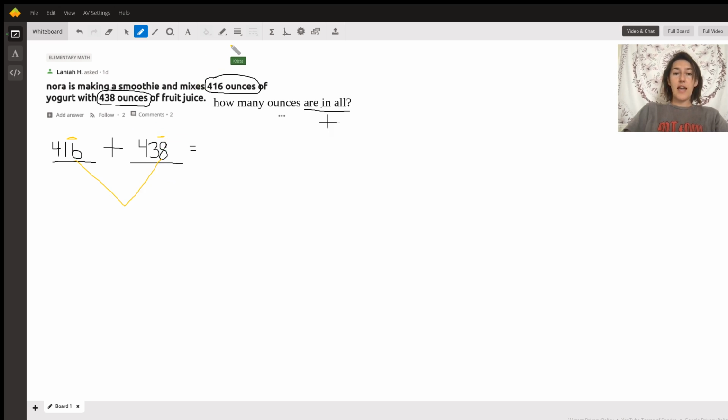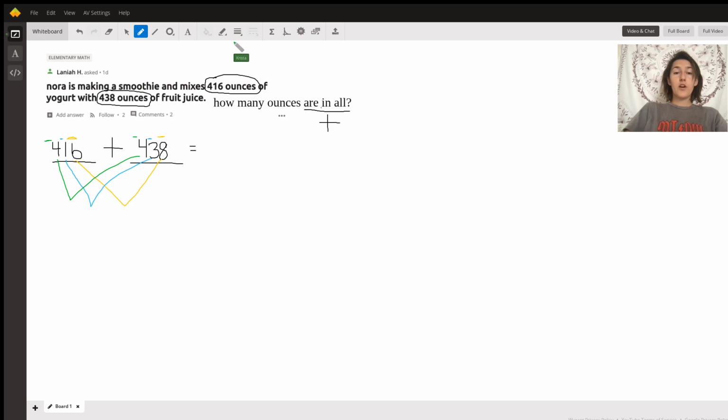You have to add the tens together. This is the tens place here. And you have to add the hundreds together. This is the hundreds. It's actually both 400.